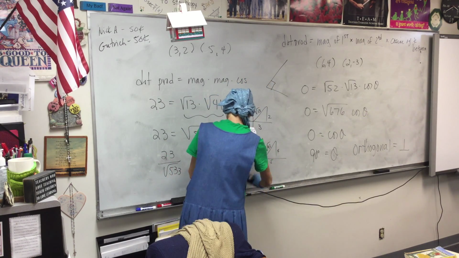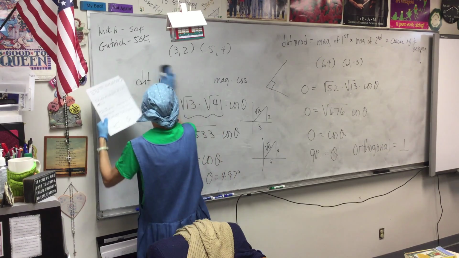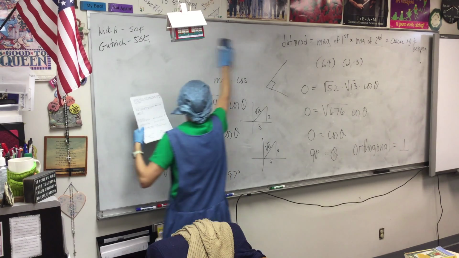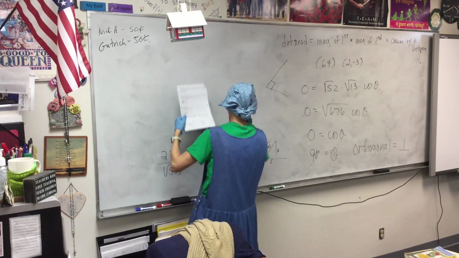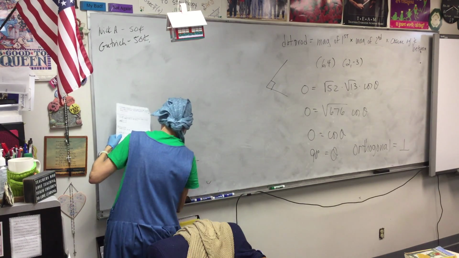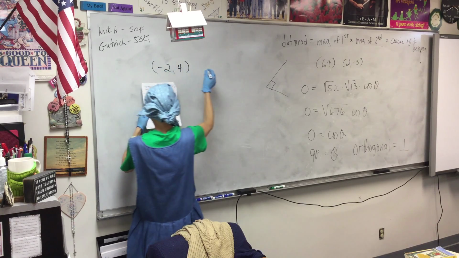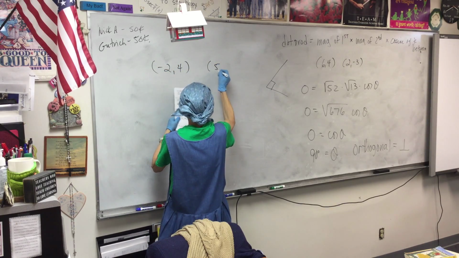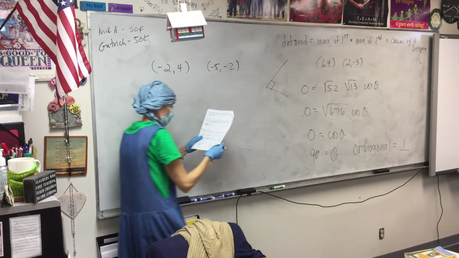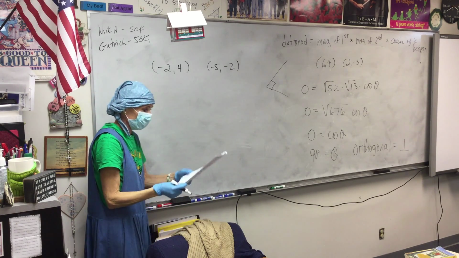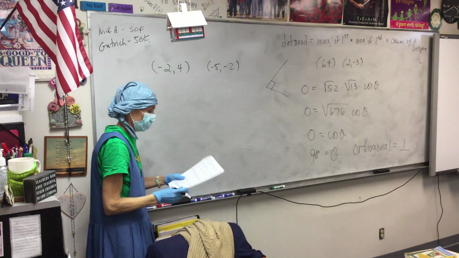All right, let's do the last one. Here we go. Our two vectors are -2, 4, and -5, -2. And you're going to find the angle between those two vectors.